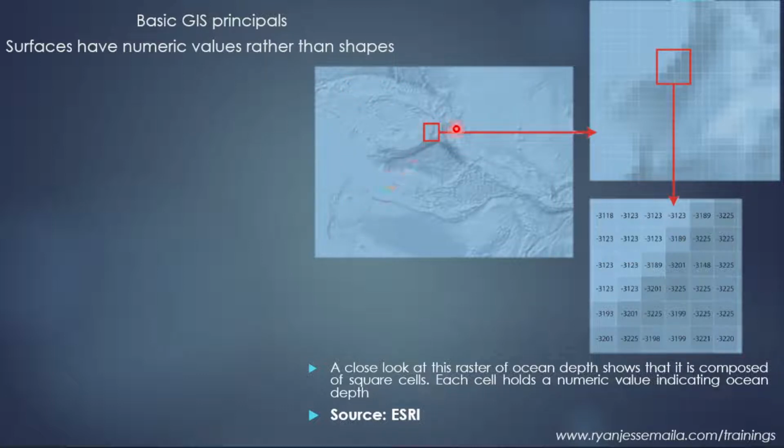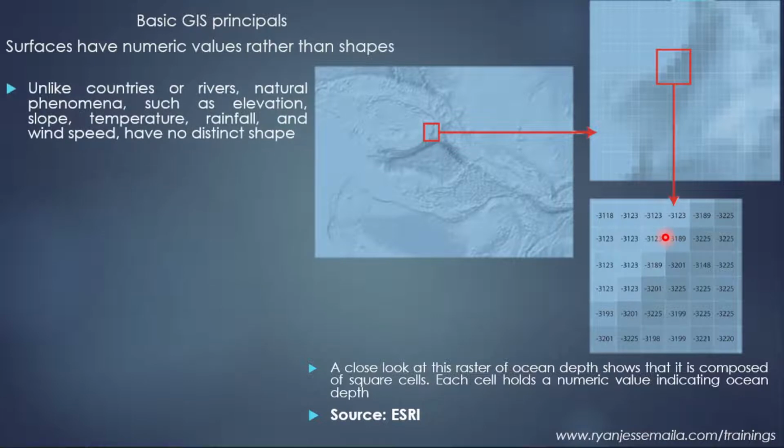And then when you zoom in, what the computer sees is basically grids. As you can see here, basically just different grids with different concentrations. And these concentrations are basically representing values. And these are the values now that we're saying that surfaces have numeric values rather than shapes. And you'll see what you can do with these values.